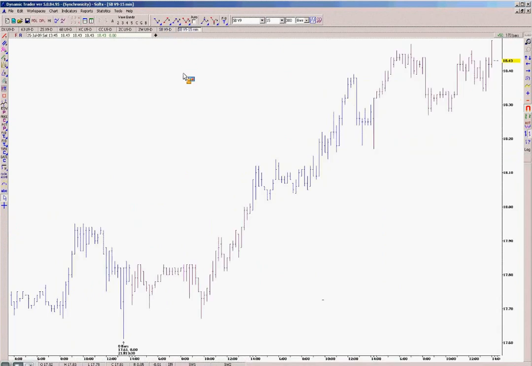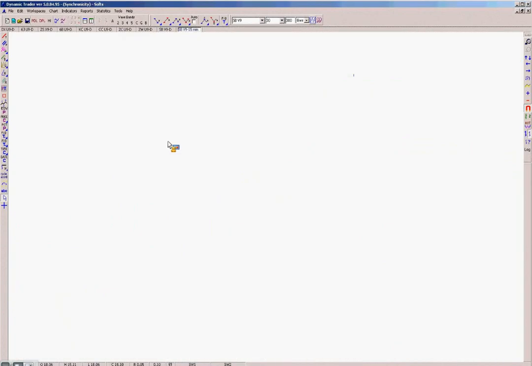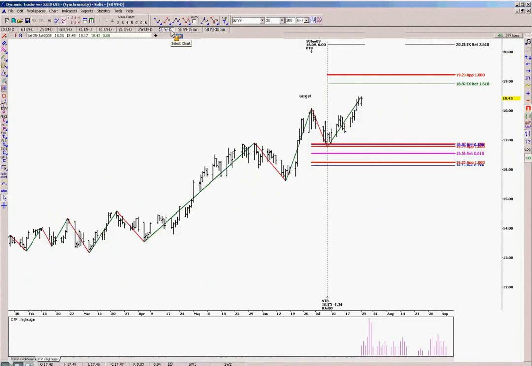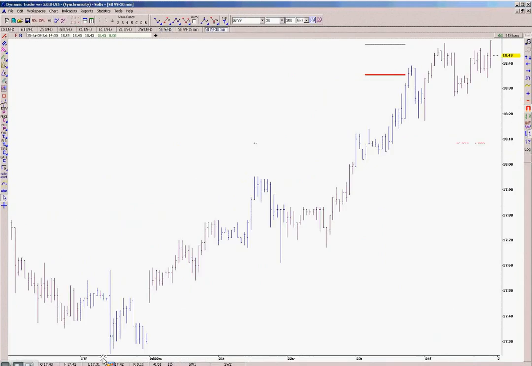That's not showing me enough data. For some reason, the data is not coming in. Let me try a 30-minute chart just for kicks. Okay, the low is 1675. Does this show it?